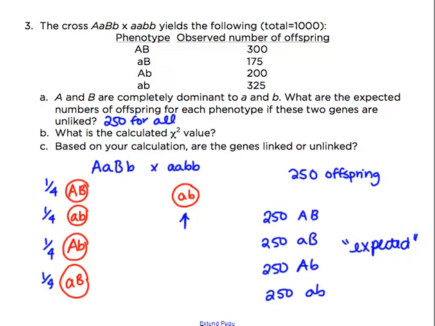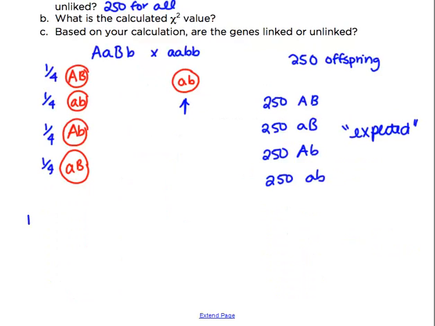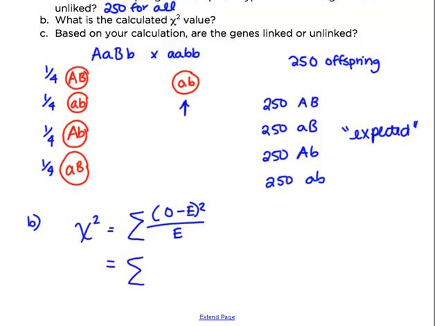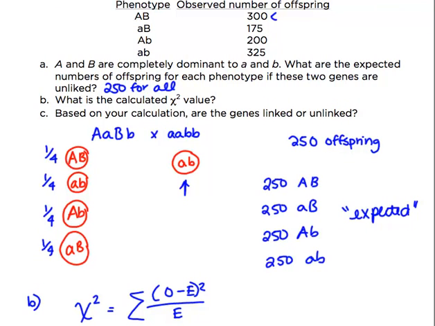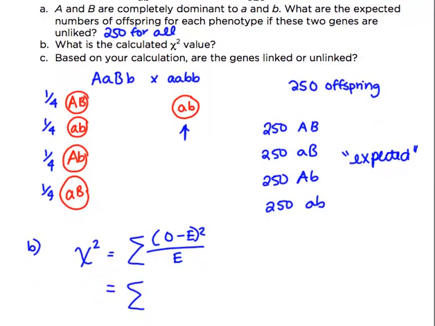Now it's saying, what is the calculated chi-square value? Again, chi-square is the summation of observed minus expected squared over expected. So the first class, dominant, big A, big B, we expected 250, and we saw 300. So 300 minus 250 squared over 250.